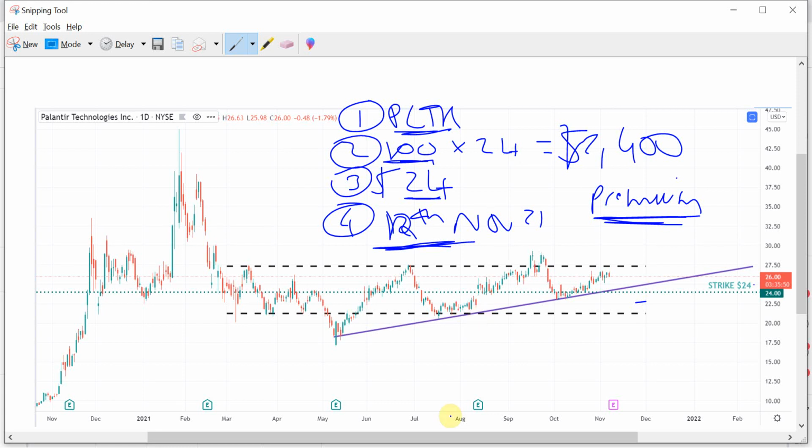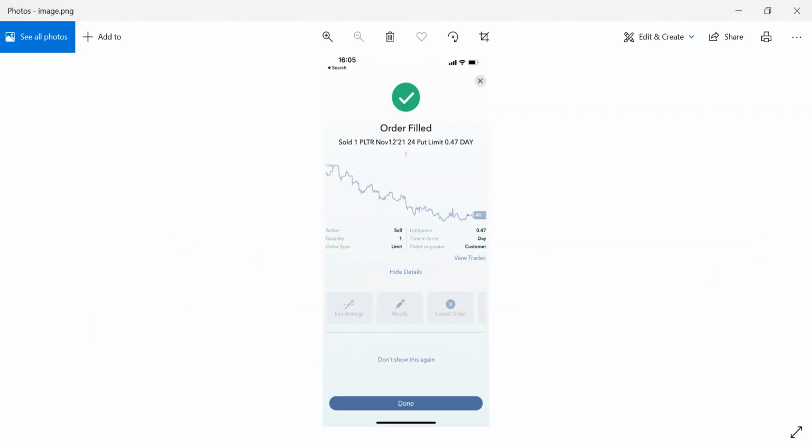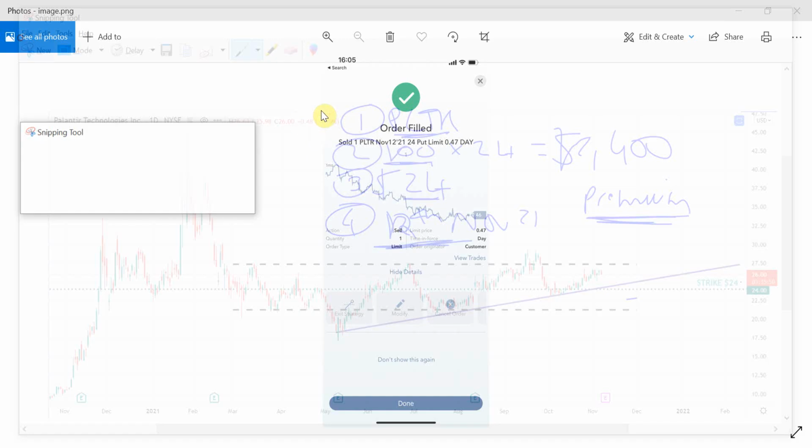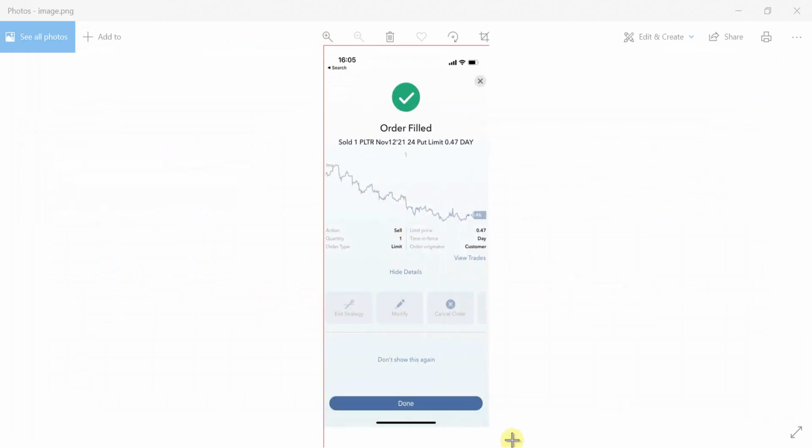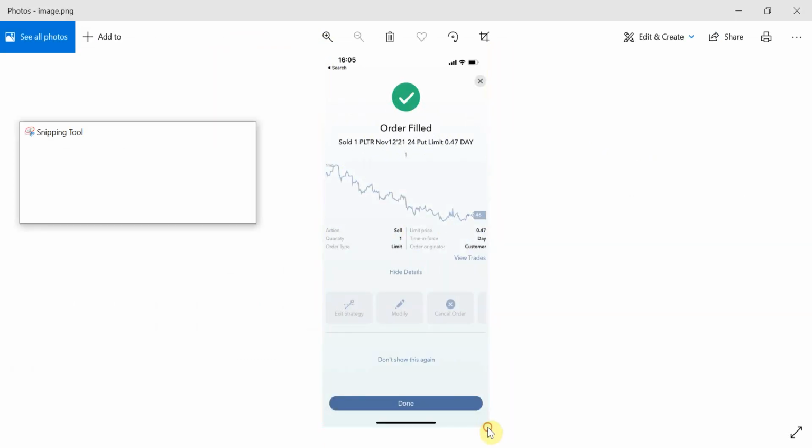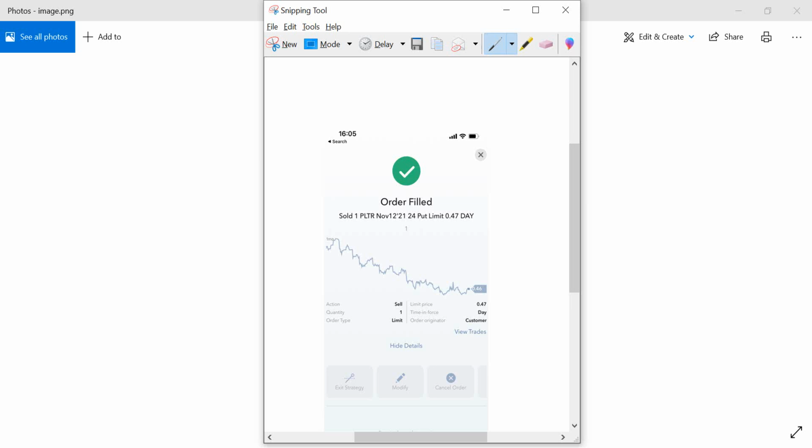So what I've got here is a screenshot, and what I'm going to do is just take a screenshot of that so I can share it with you guys here. So we can see here that my order has got filled.